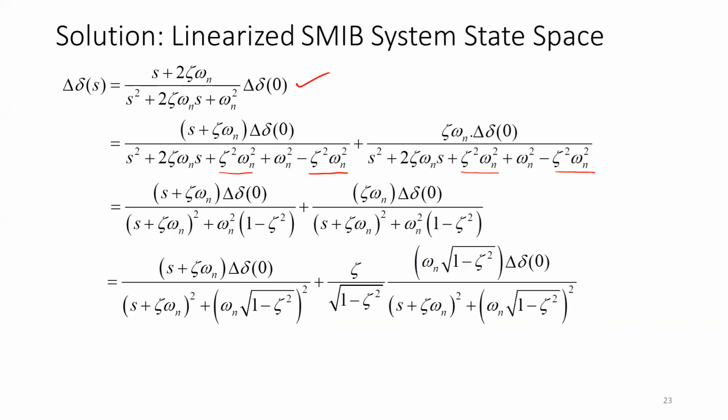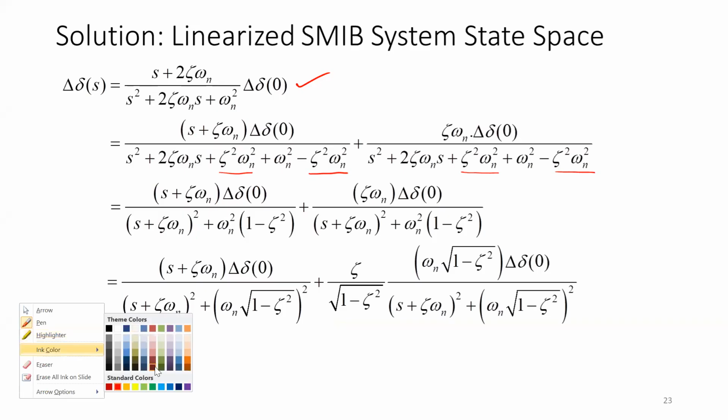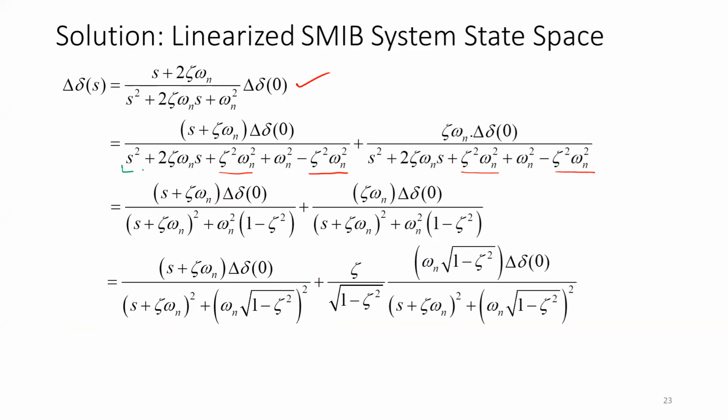This is the same as a square plus twice ab plus b square. So this will give you (a plus b) whole square. Then over here, if you take omega n square common, you will get 1 minus zeta square. The same thing is done on this side as well.